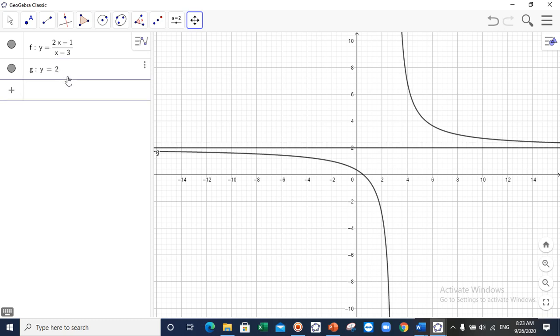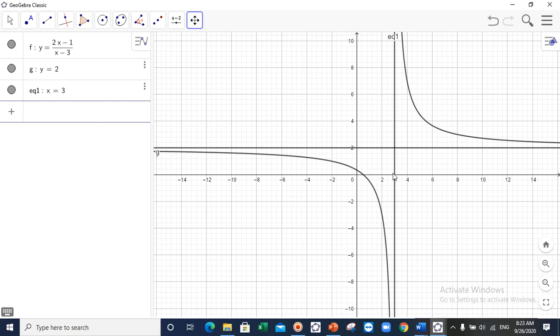What do you realize, guys? We realize, and you have x equal to 3 we found. So we realize that this is y equal to 2, and this is the function f(x).